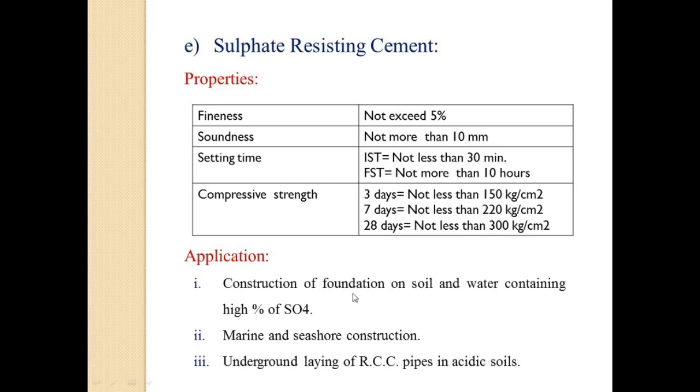Generally we use it for marine and seashore construction, where the attack of sulfate on concrete is more, so we use sulfate resisting cement in those particular situations. It is also used in work underside bridges or over railway tracks, and for concrete sewers carrying industrial effluents.